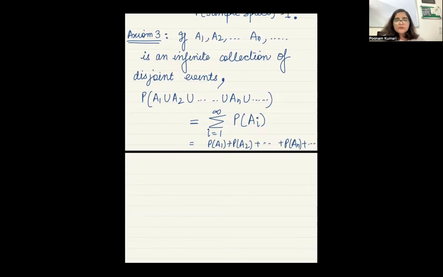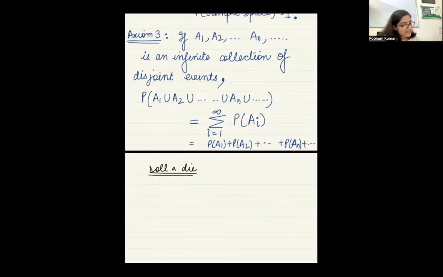Ma'am, if we roll a die, then the collection of disjoint events would be finite. So it is applicable to only some sample spaces or events. Not necessarily. जैसे for example, आप एक die roll करते हो. If you roll a die, I can define infinite events.